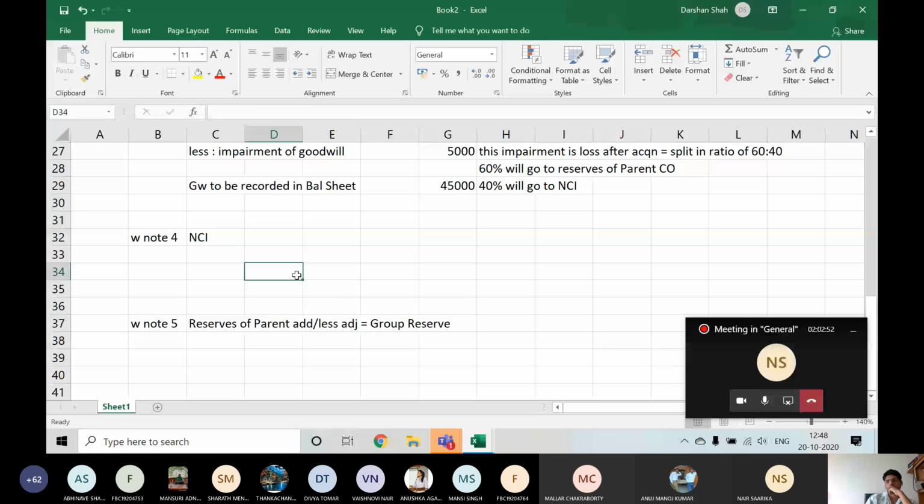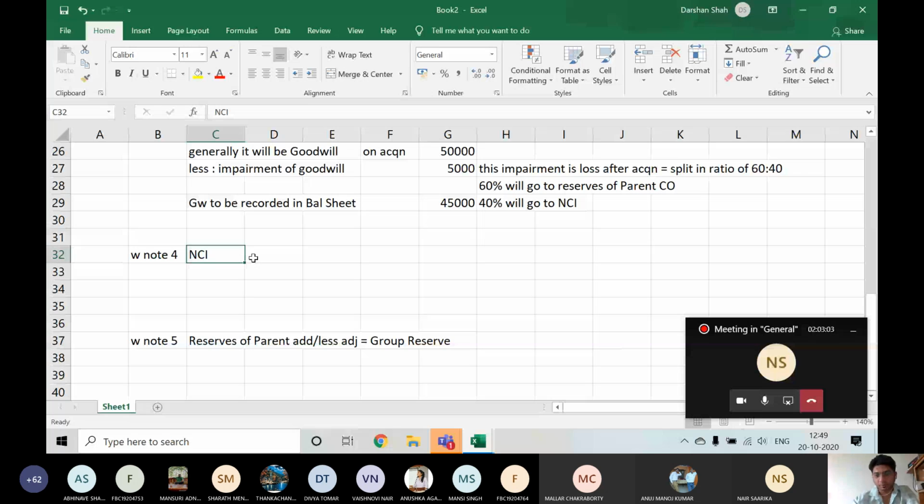ओके, सो नाउ एनीथिंग विच इज पोस्ट एक्विजिशन गोज वेयर? गोज आइदर इन एनसीआई और इन रिजर्व, राइट? सो जो भी 40% ऑफ एडजस्टमेंट्स है, 40% of adjustment goes in NCI, correct, and 60% of the adjustments will go in group reserves. Okay, so now pay attention.